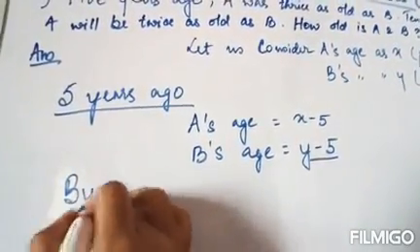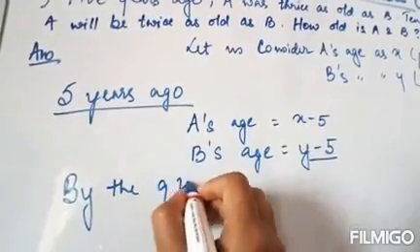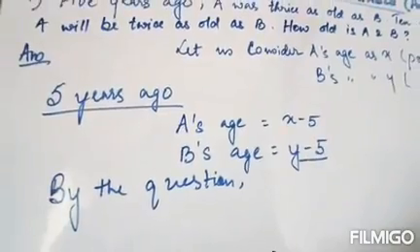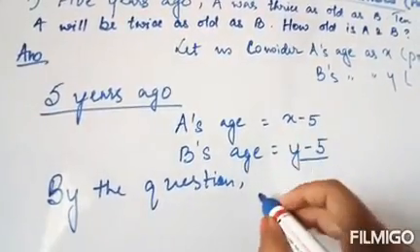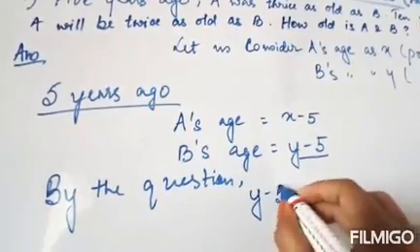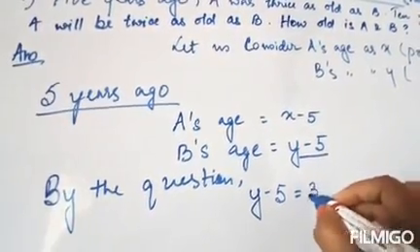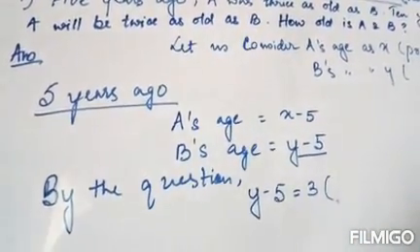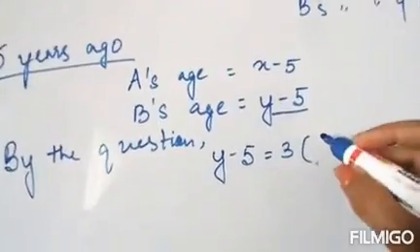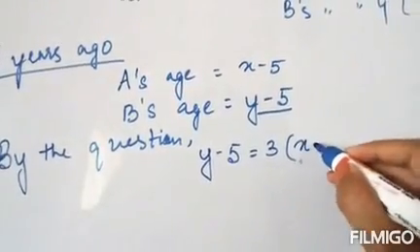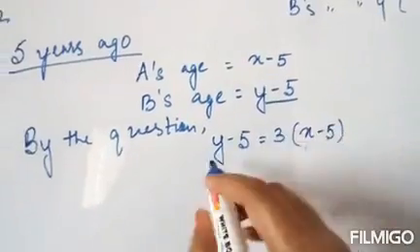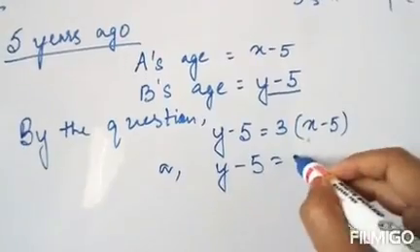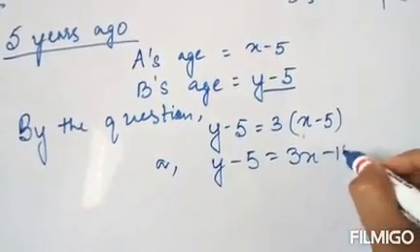By the question, A is thrice as old as B. That means if B is Y minus 5, then A will be 3 times X minus 5. Correct? So from here we get Y minus 5 is equal to 3X minus 15.